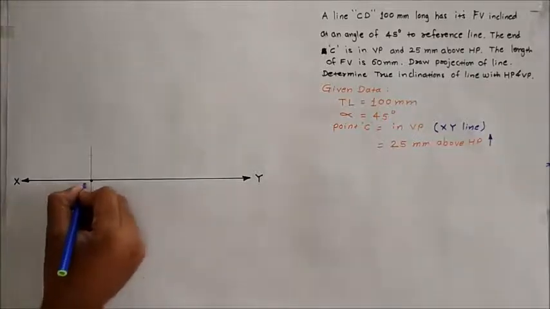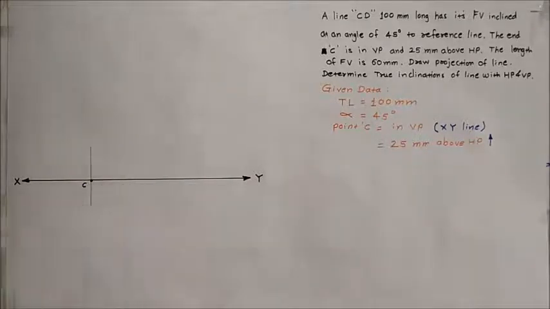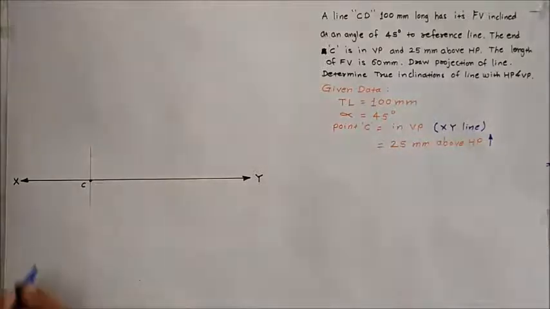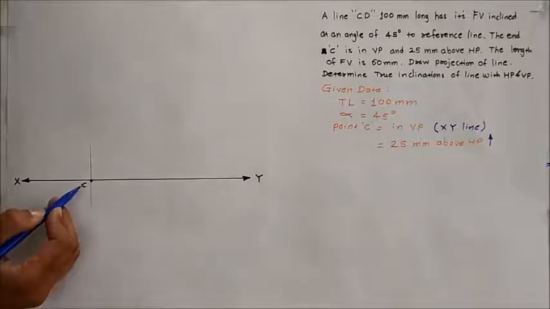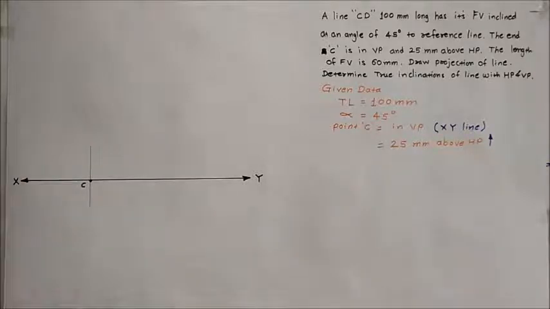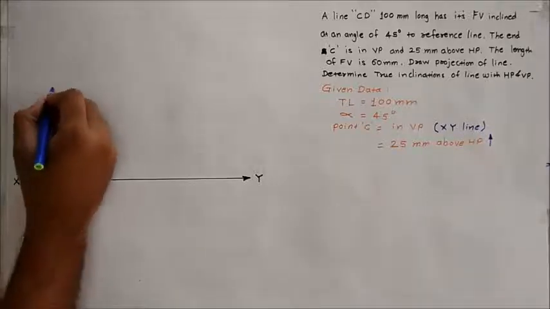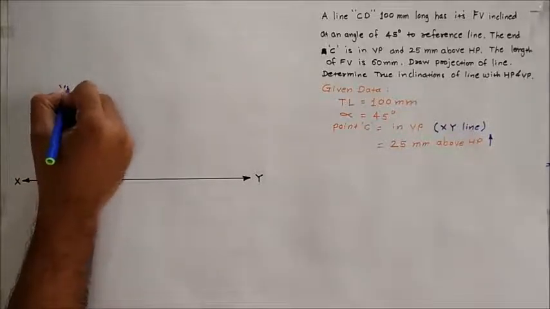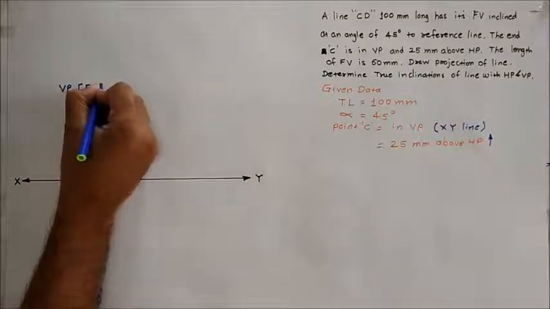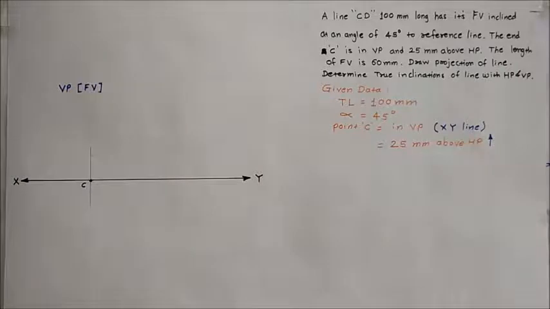Give the nomenclature as small c as the point is located in top view. The second dimension is given 25 mm above HP, so it is visible in the front view, so we have to draw above XY line. So above XY line the vertical plane is present, and in the vertical plane the front view is drawn.